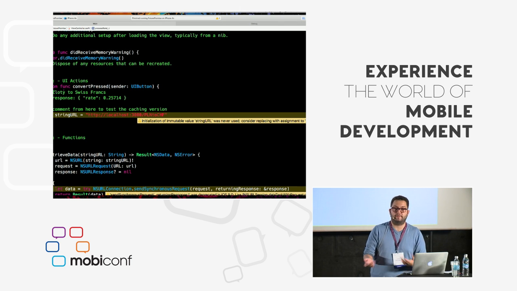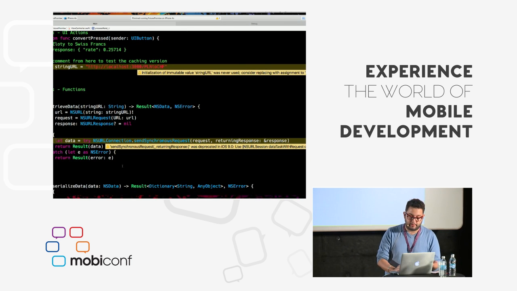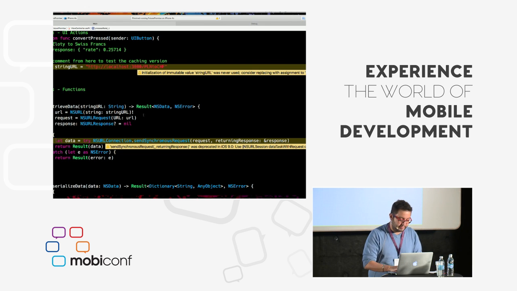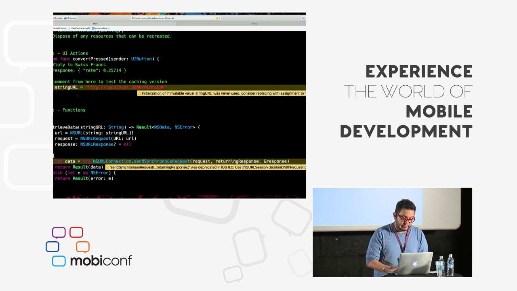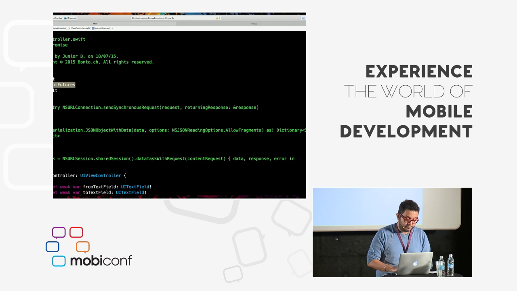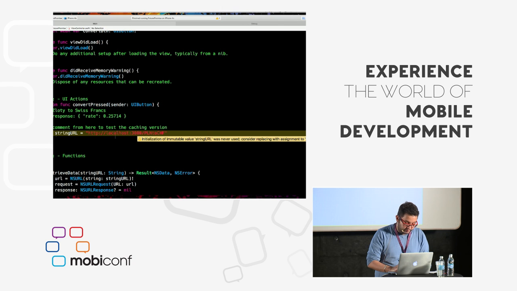It's a very bad practice because we have NSURLConnection and synchronous requests here. So I'm not going to do that. What I'm going to do is actually use a future. For this example, I'm using BrightFutures, which is a very nice implementation of futures and promises.